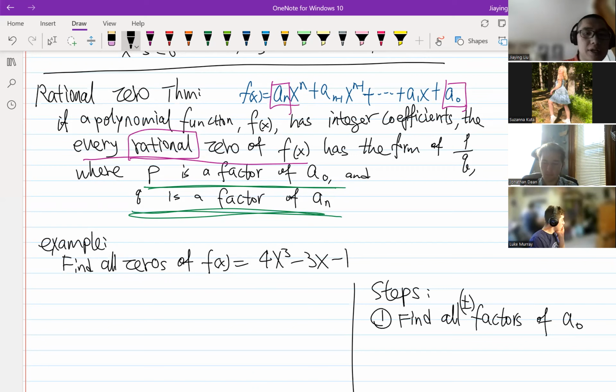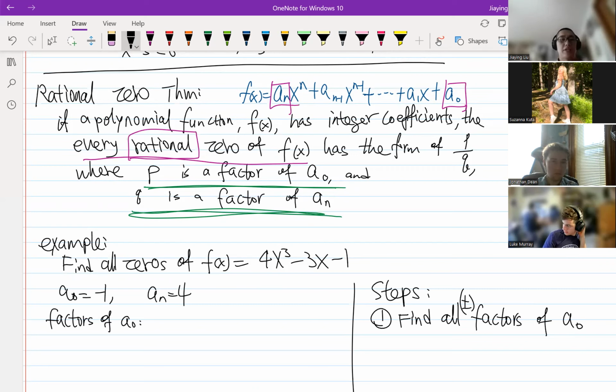Here I'm going to put the actual procedure with this example. So a0 equals -1, an equals 4. So what are the factors of a0? Well, a0 is -1, so the factors are 1 and -1. There are only 2 options we could pick for factors of a0.